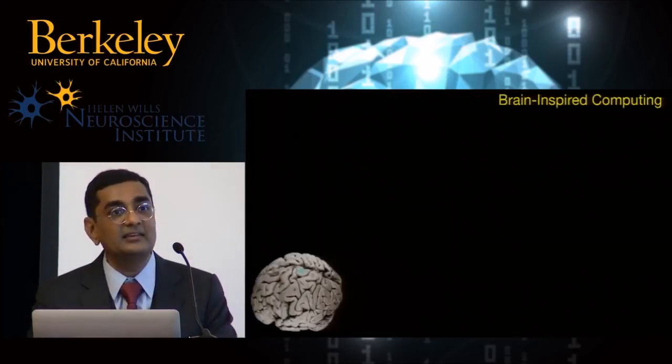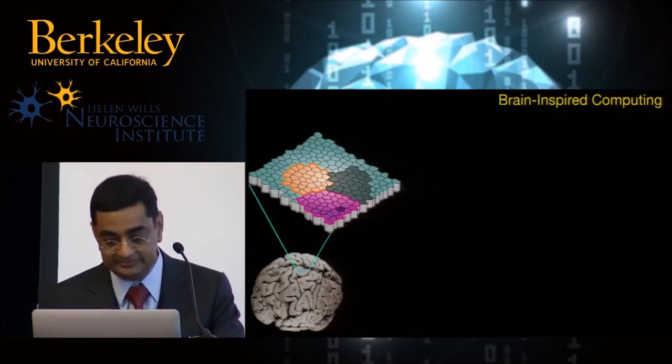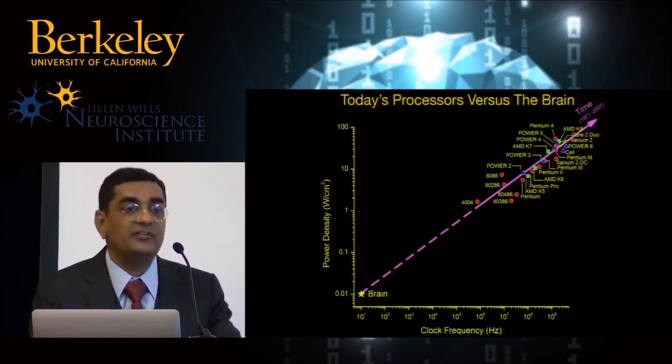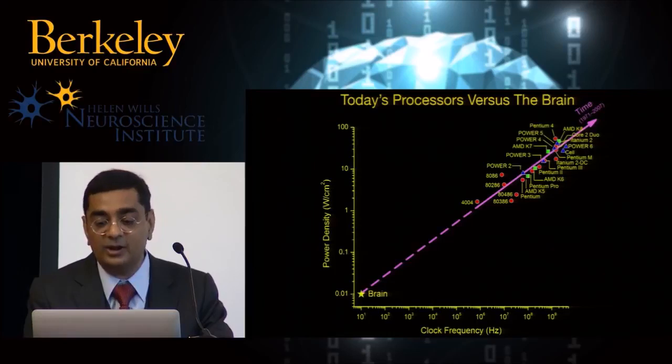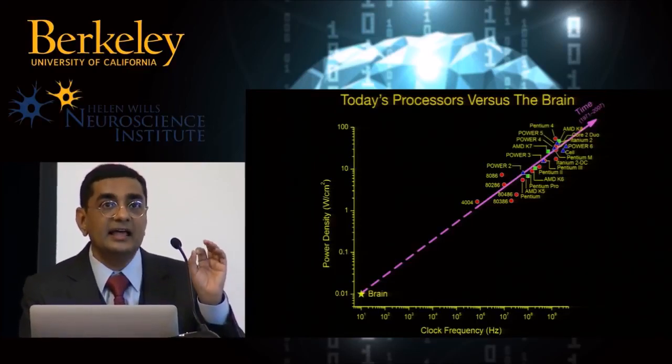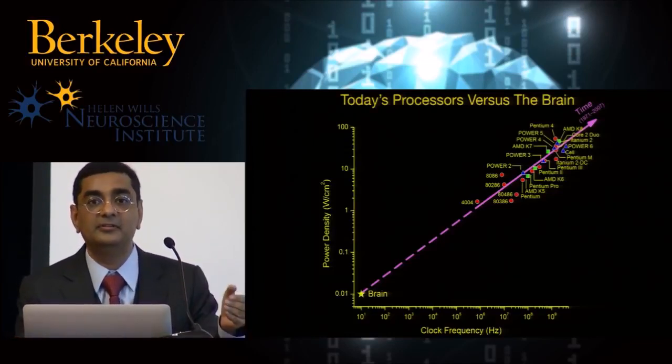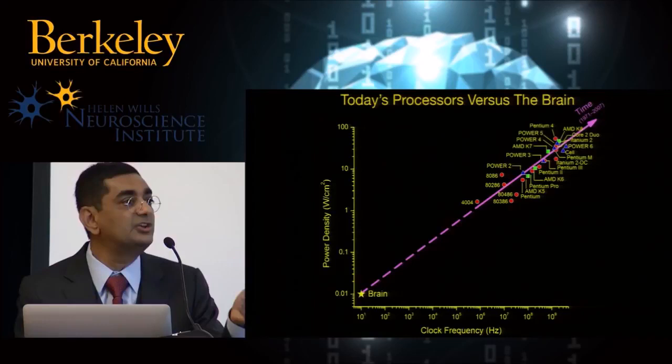But the brain sits alone in a totally different part of this curve, orders and orders of magnitude away in terms of power density and clock speed. So this is the mystery that we're trying to unravel and deliver in terms of a computational substrate.